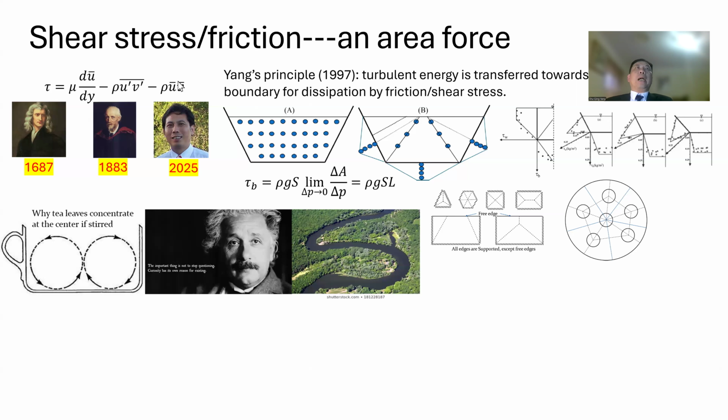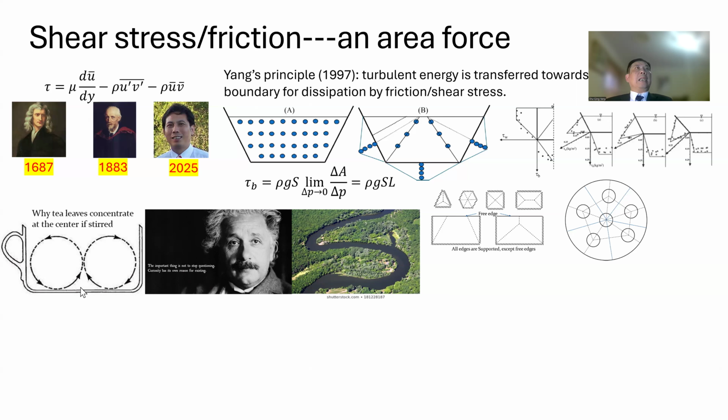Now we answer why the vertical velocity, or normal velocity, will be important. The first one who noticed this was Einstein. His eyes were different from ours. Everybody has had the tea drinking experience. When you stir your water, you will observe tea leaves concentrated here.